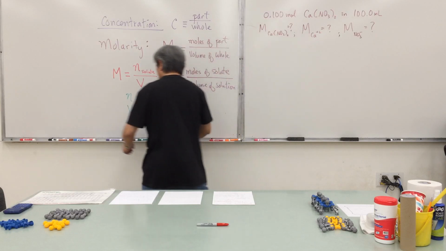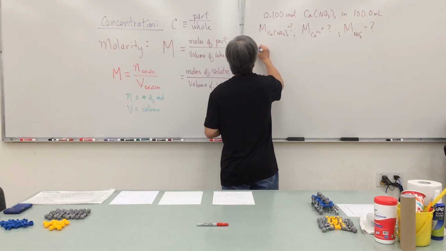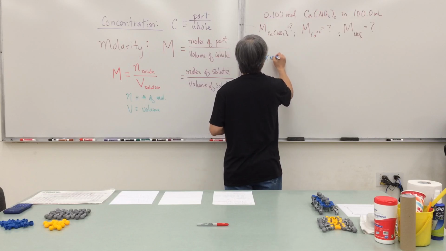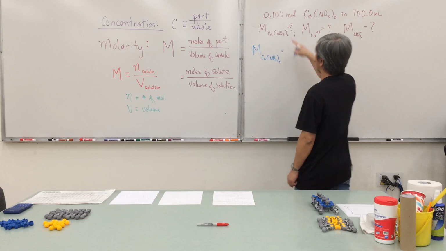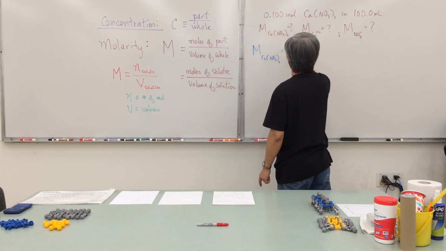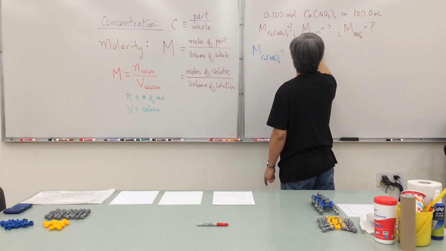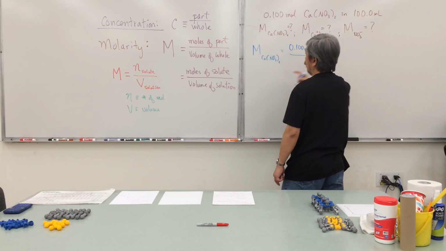Well, we go back to our definition of molarity. The molarity of calcium nitrate equals, by definition, the number of moles of your solute, 0.100 moles of calcium nitrate, divided by the volume.